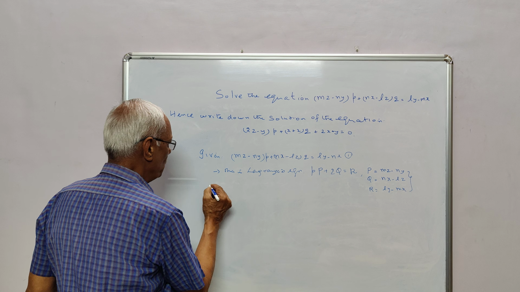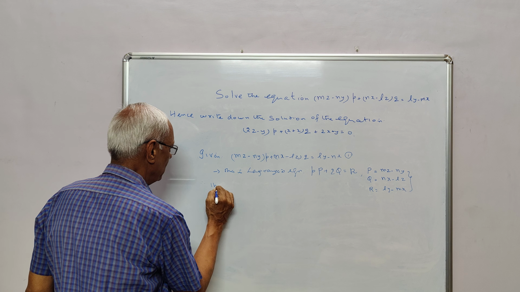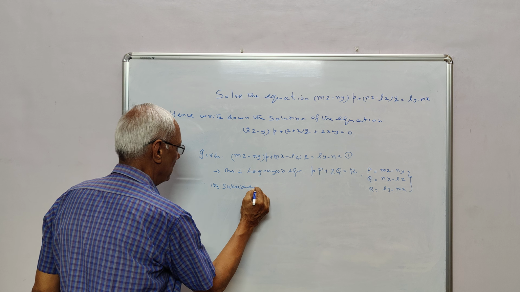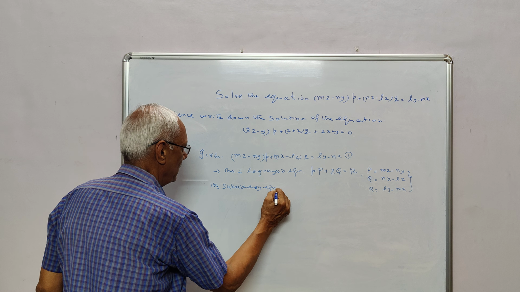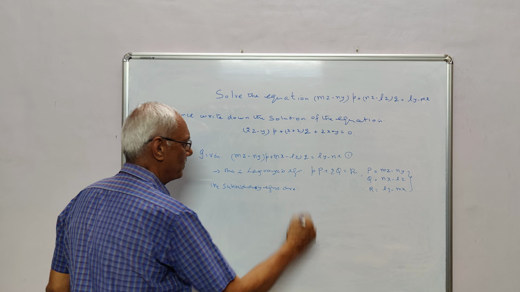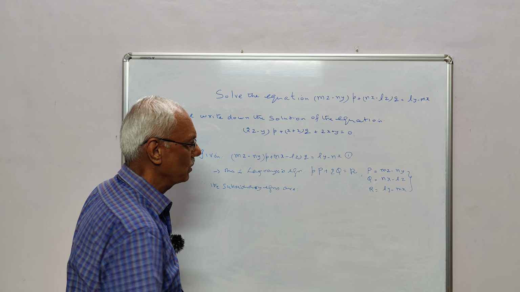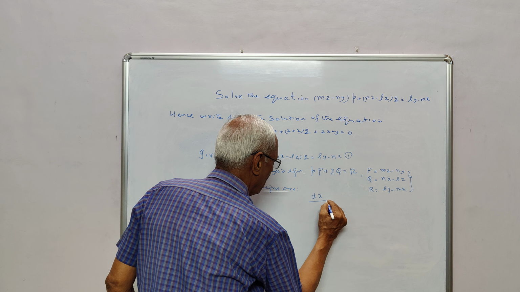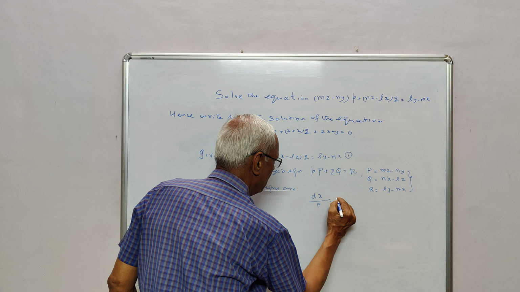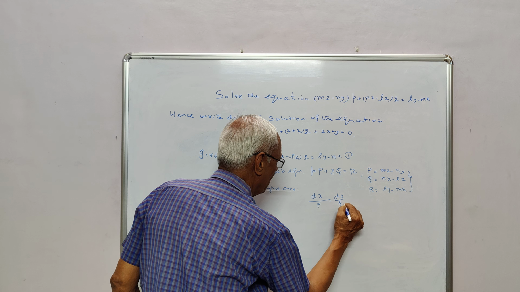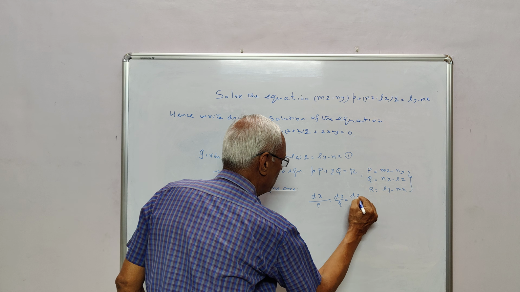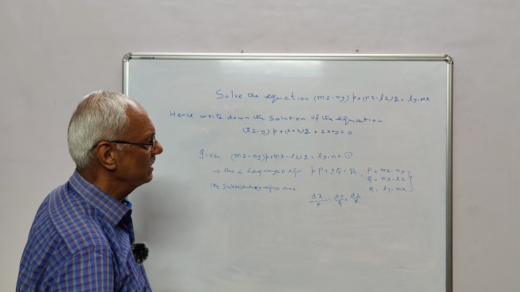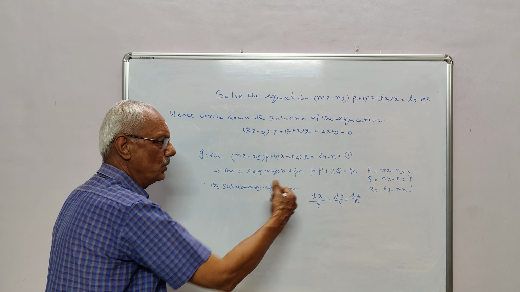Therefore, the subsidiary equations are dx by P is equal to dy by Q is equal to dz by R. These are our subsidiary equations.